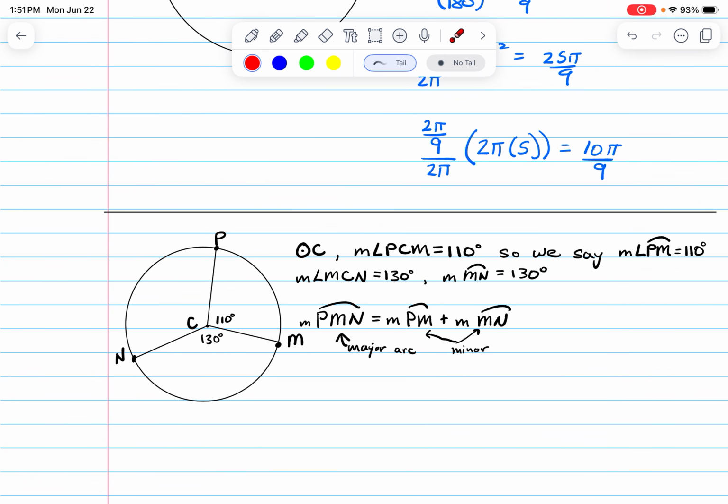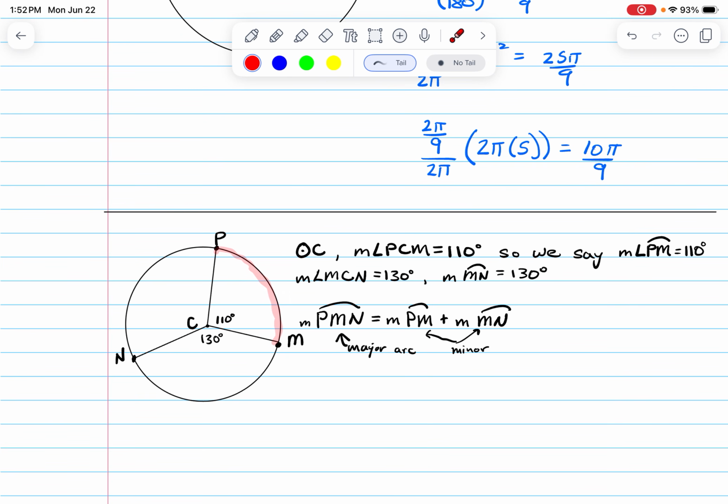Now notice this 110 extends out to point P and point M. And we've got this arc here that I'll call PM, and I just write PM with a little arc over it. That indicates the arc, not the arc length. So this is arc PM.